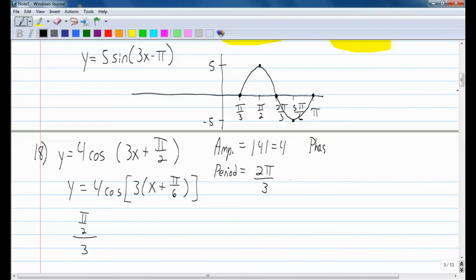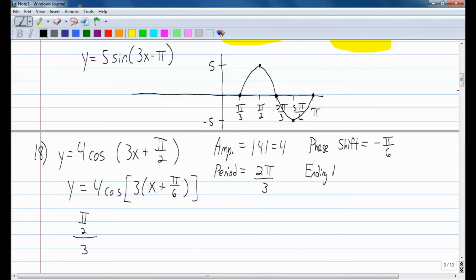The phase shift is going to be the starting point. Look back here and see we have plus pi over 6. So that means we're going to have a negative phase shift. Negative pi over 6. That's our starting point.